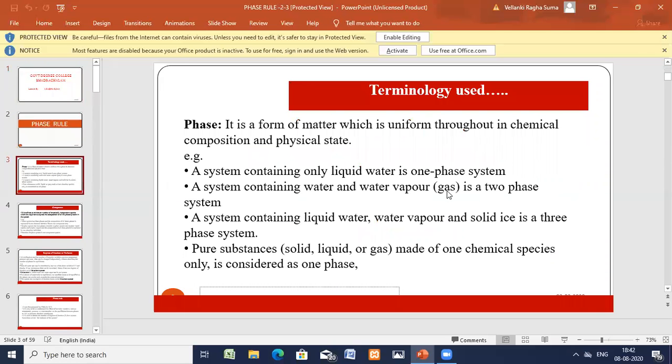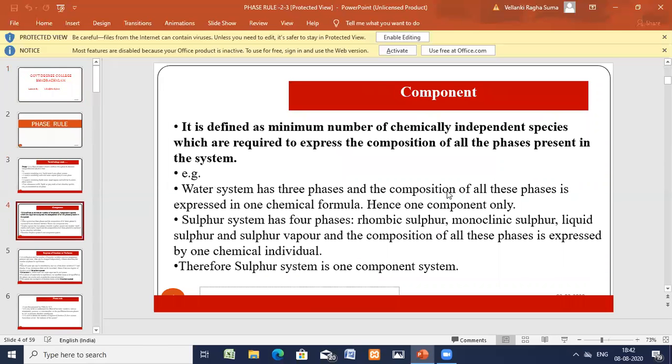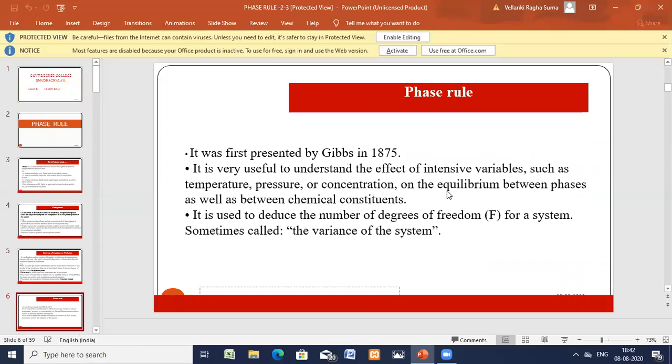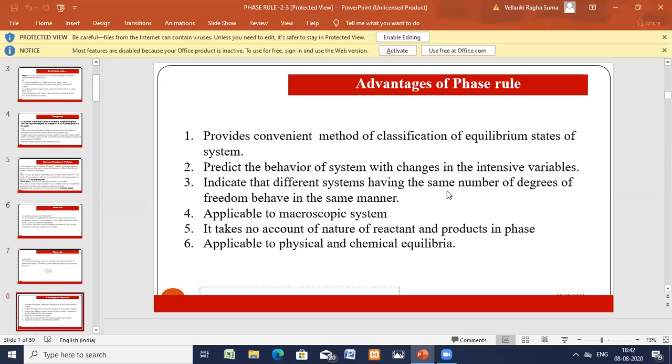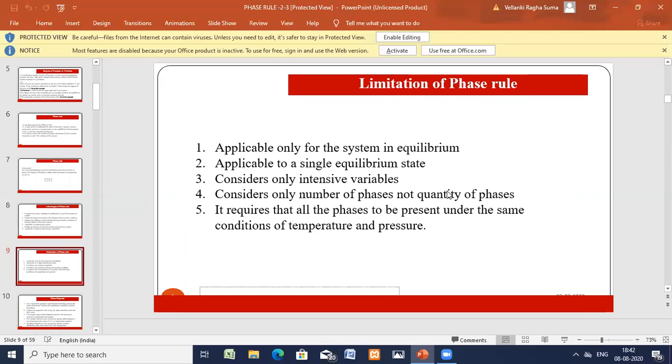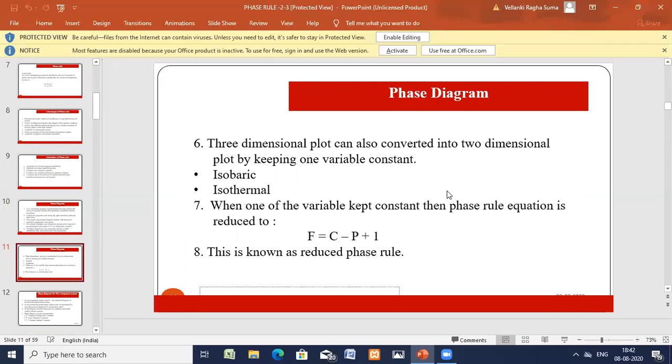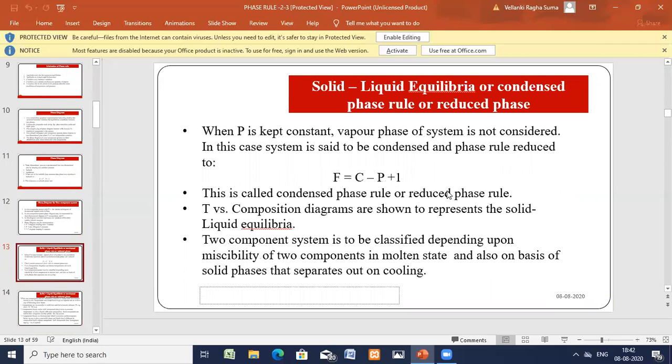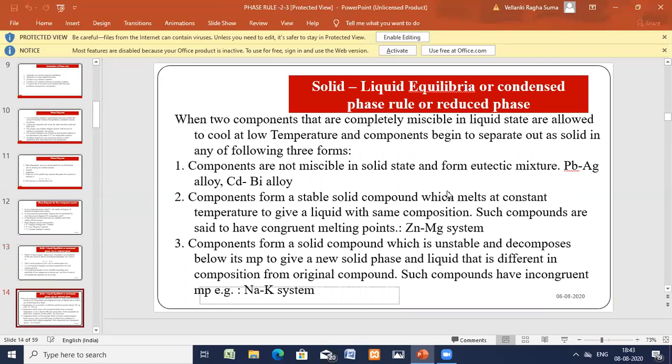I explained what a phase is, what a component is, what degrees of freedom are, what the phase rule is, what a phase diagram is, the advantages and limitations of the phase rule, and the two component system. In the two component system, of three types, the solid liquid equilibria and condensed phase rule are explained. In that, the silver lead system is explained.